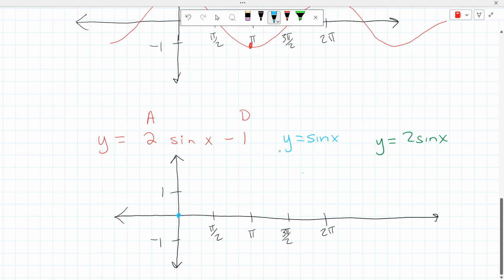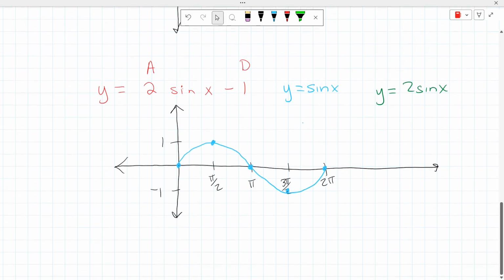At pi over 2, it's 1. Pi, it's 0. 3 pi over 2, -1. 2 pi, it's 0. You will remember this after we do it enough. Okay, that's what the sine curve looks like. That's what one period of the sine curve looks like.